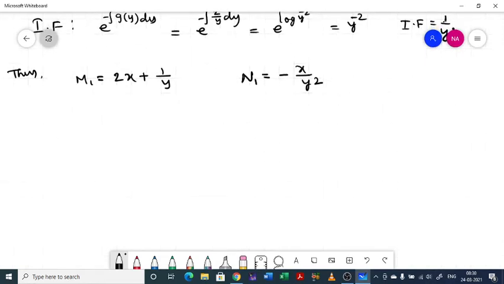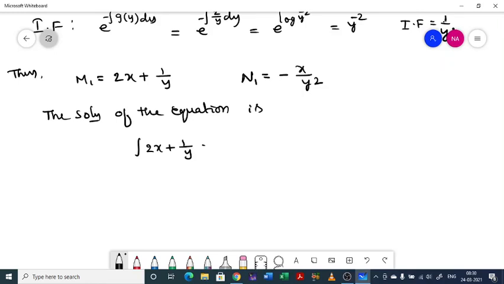Now the solution of the equation is integral m1 into dx, that is integral 2x plus 1 by y into dx, plus integral n1 of y, that is 0 into dy, equal to c. So it is x square plus x by y equal to c.